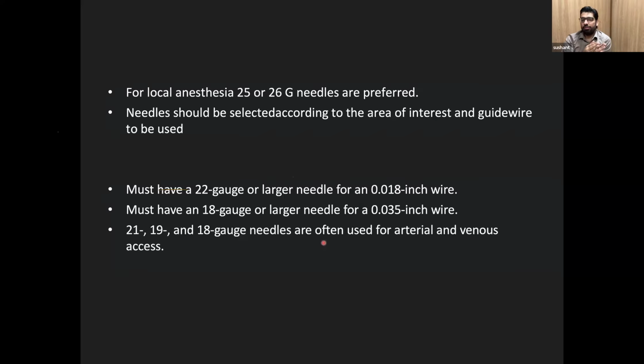So for multiple venous access, arterial access, or drainage access for percutaneous interventions, these needles and wires should be matched for compatibility. If these are not compatible, we should change the needles, and one should test these things outside only before inserting this needle into the patient.